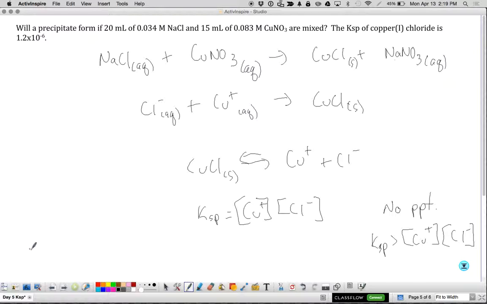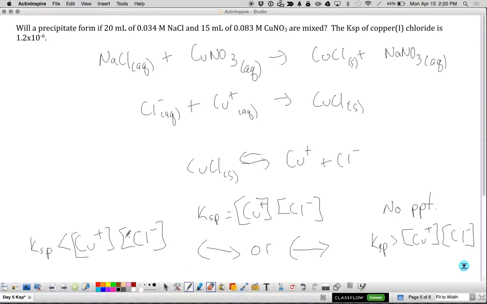Now the other way that this will happen is KSP is going to be less than the product of the 2 ion concentrations. Okay, we're not going to see a lot where these two are equal. It's really going to be this or this.